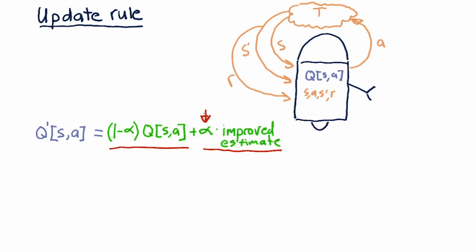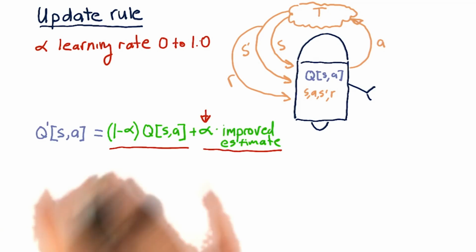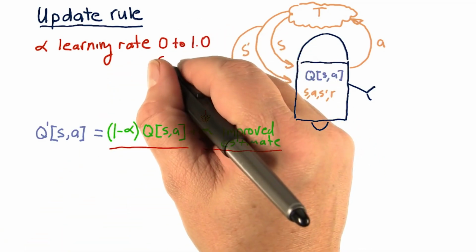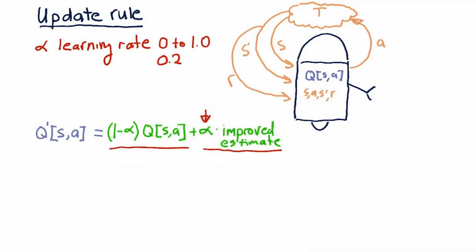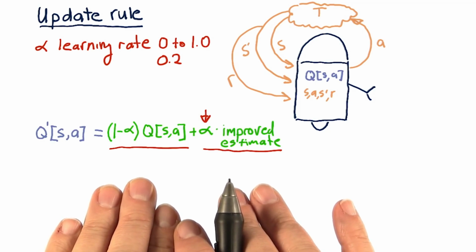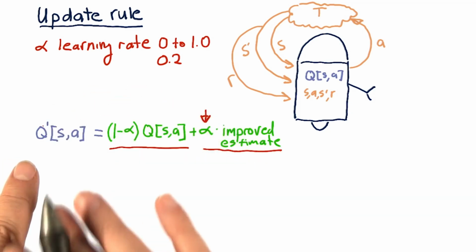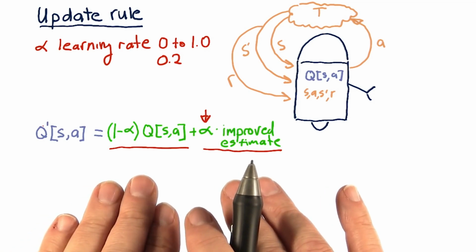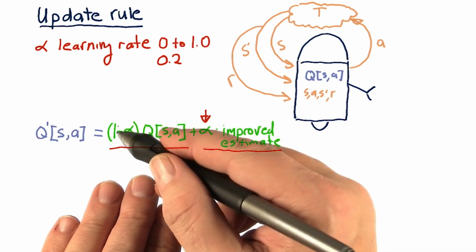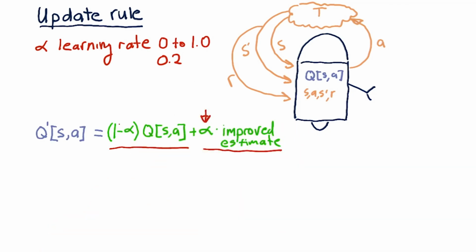Alpha is the learning rate. Alpha can take on any value from 0 to 1. Usually we use about 0.2. And what that means is, in our new improved version of Q, which I indicate over here as Q prime, it's a blend of alpha times the improved estimate plus 1 minus alpha of the old value.